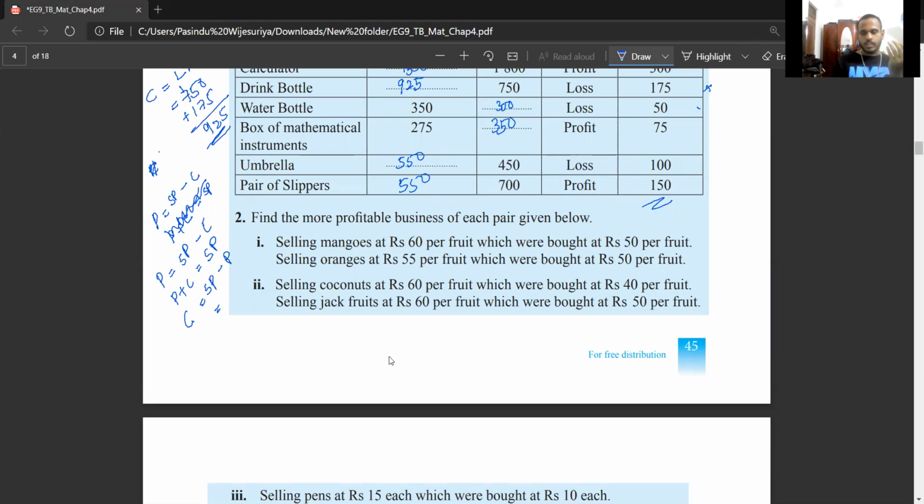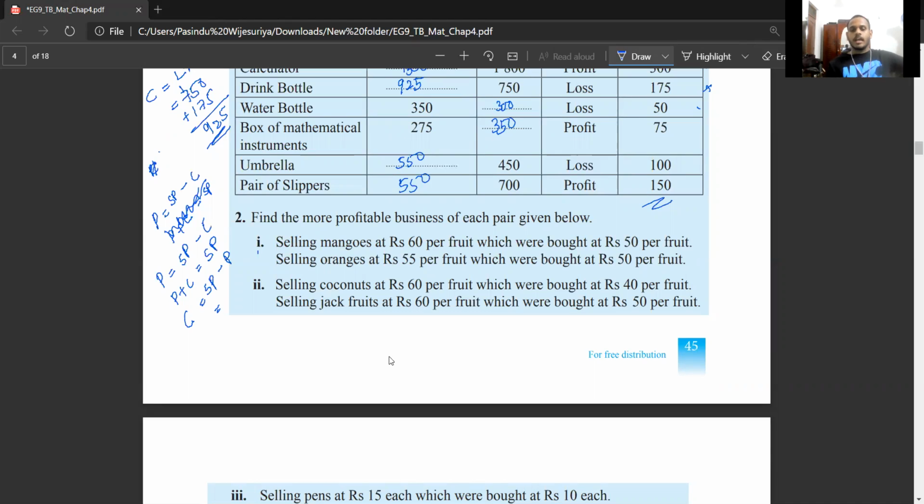It's better always to show the calculations, because even if you have missed some parts, for the method itself you might be able to get a few marks, I'm assuming. So with that, let's move on. Let's do this one. You all should be able to do this one.